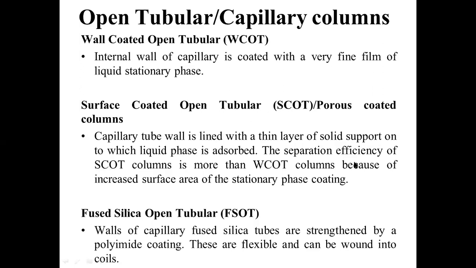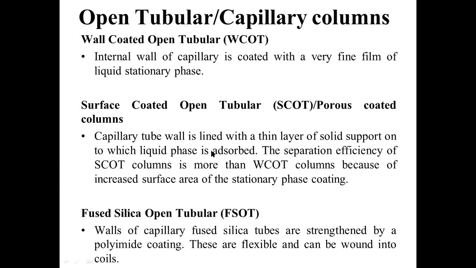While using surface coated open tubular columns, the efficiency is very high, because with wall coated open tubular columns, 1 meter of column will yield around 5,000 theoretical plates. While using surface coated open tubular columns, the number of theoretical plates will be 50 to 100 times more. That's why the efficiency is more in SCOT.